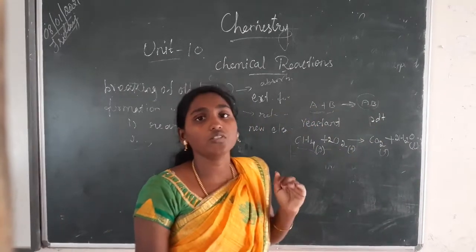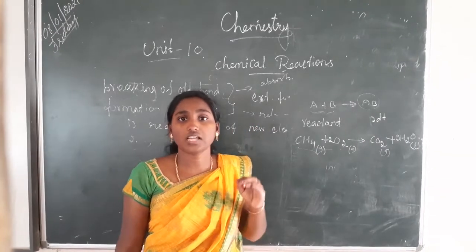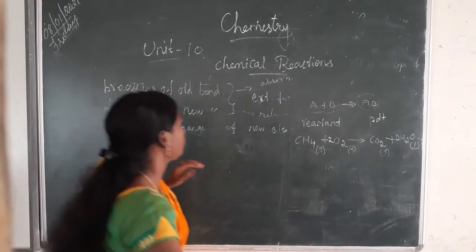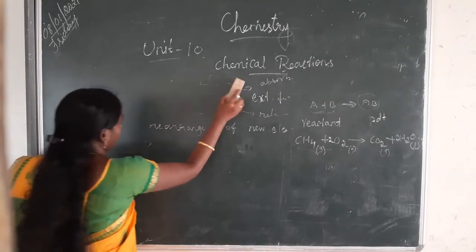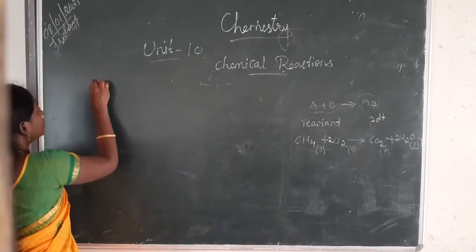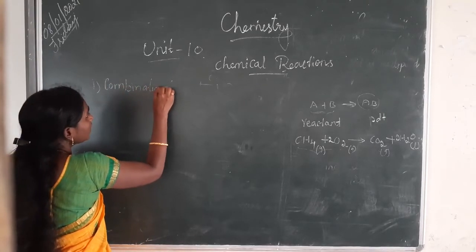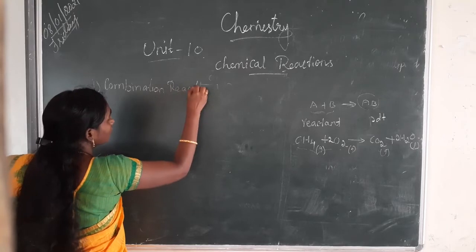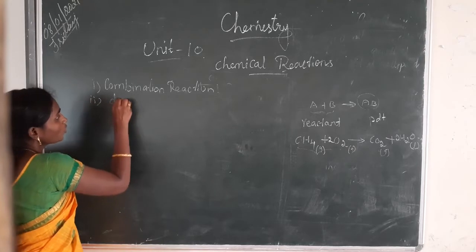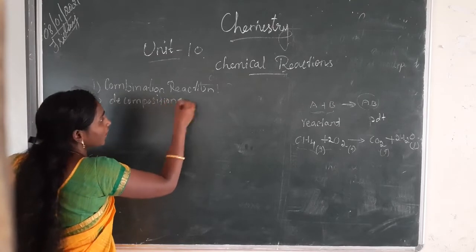Next we are going to move on to the types of chemical reactions. In this lesson we are going to study 5 types. The first type is combination reaction. The second type is decomposition reaction.